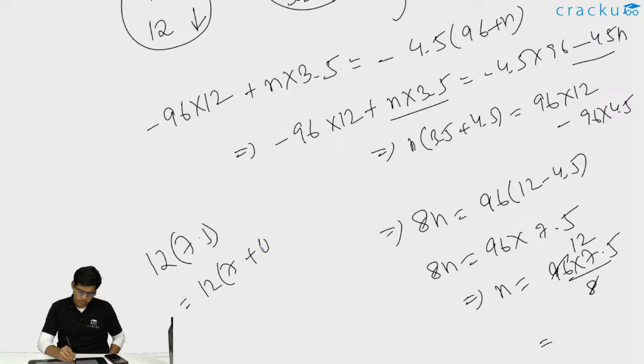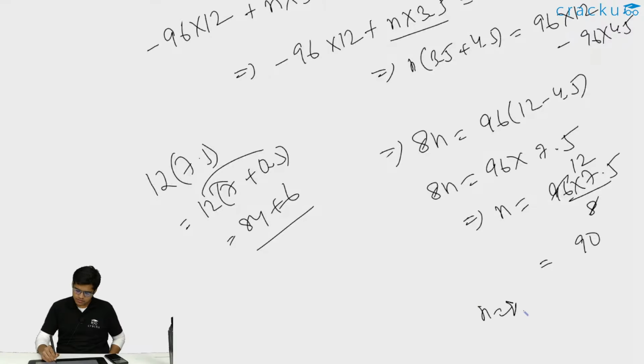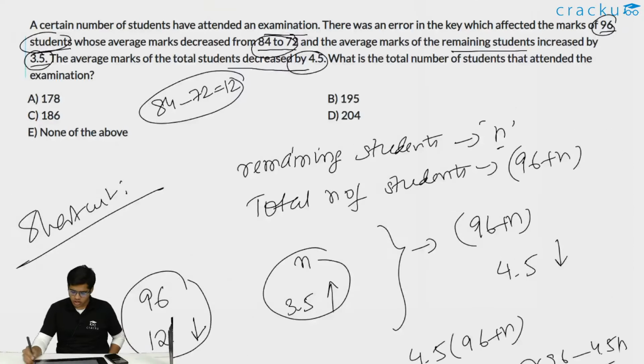We can write 12 into 7 plus 0.5. 12 sevens are 84. 12 into 0.5 is 6. So 84 plus 6, 90. So n equals 90, which means total number of students is 96 plus n. Correct answer will be 186, option C.